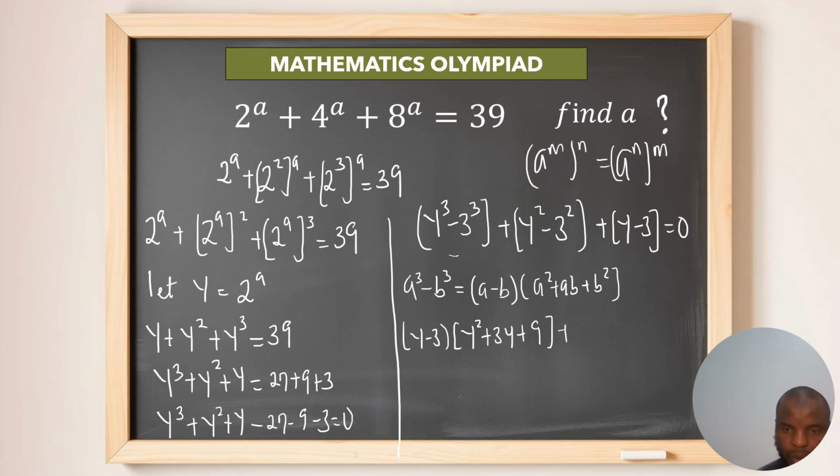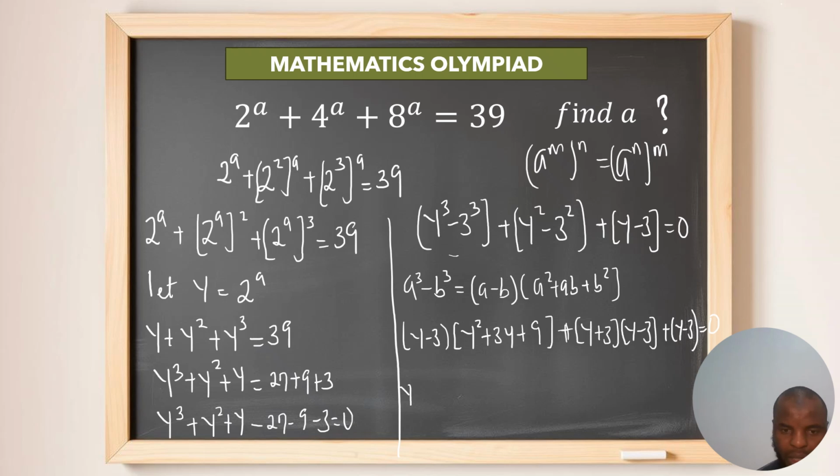Plus, here we have y squared minus 3 squared, a difference of two squares. We can write (y plus 3)(y minus 3), plus the last one, y minus 3, equals 0. Now if you have a look at this equation, we can see that y minus 3 is common to every term.